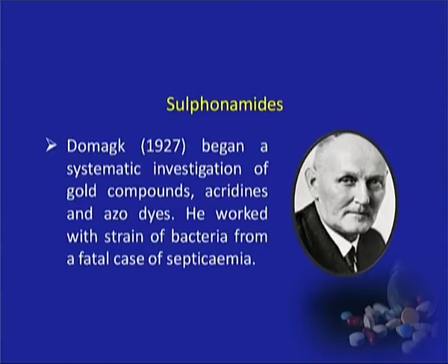Domagk in 1927 began a systematic investigation of gold compounds, acridines and azo dyes. He worked with a strain of bacteria from a fatal case of septicemia. He discovered that the red dye prontosil had antibacterial activity and low toxicity in mice.